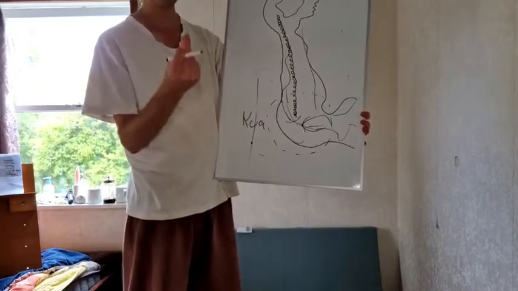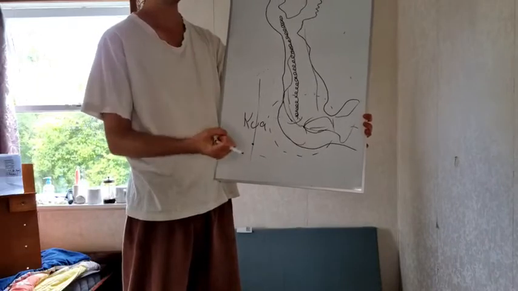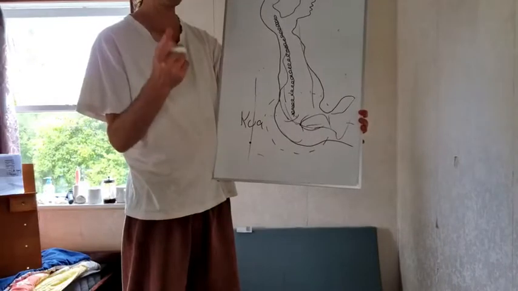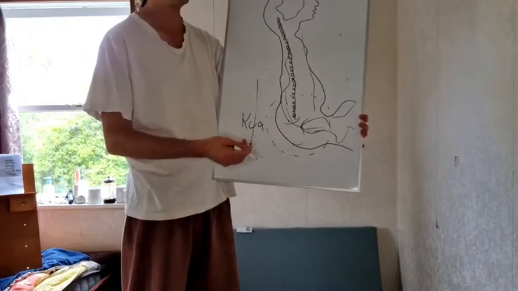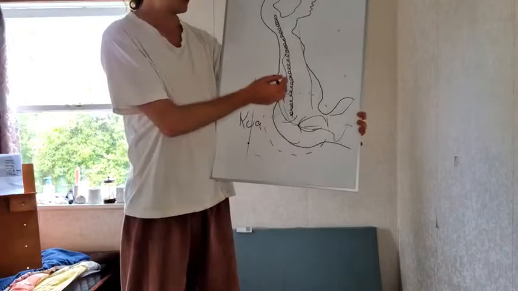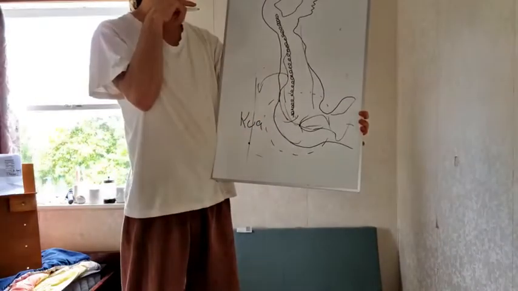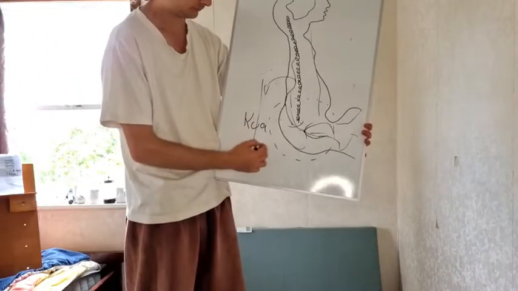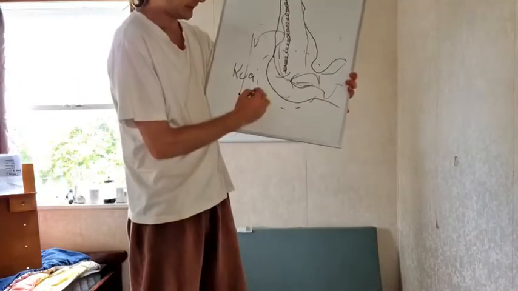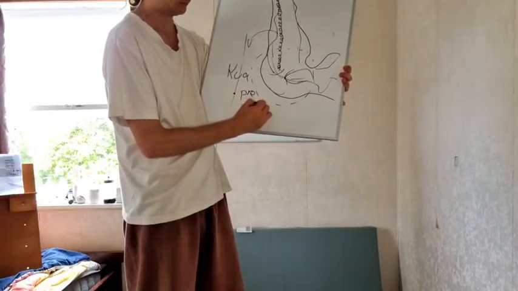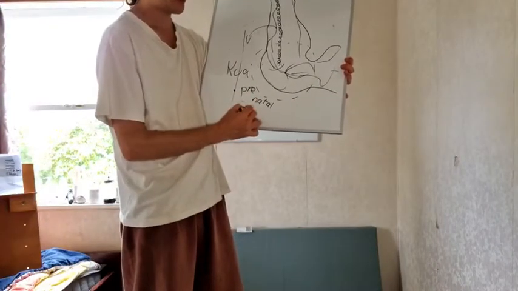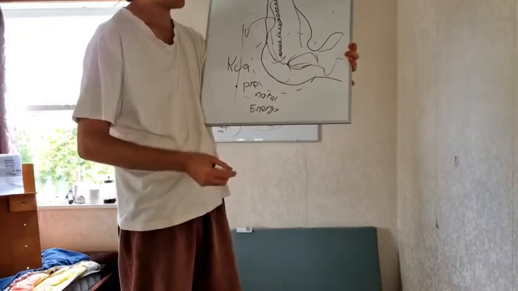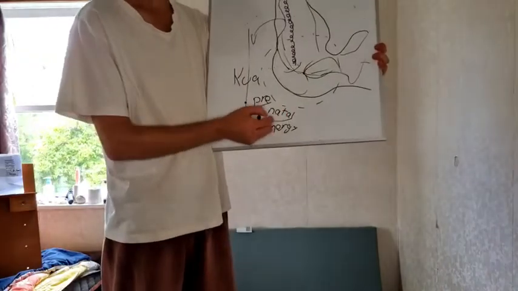It will have an initial spark, which will trigger the growth process, but that spark will only last for a certain amount of time, and then that's it. That spark is what we would call the prenatal energy.